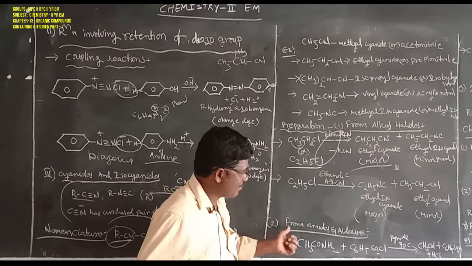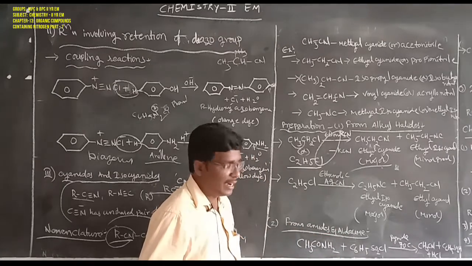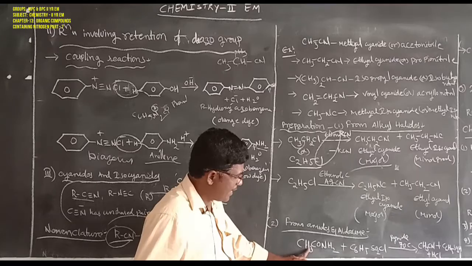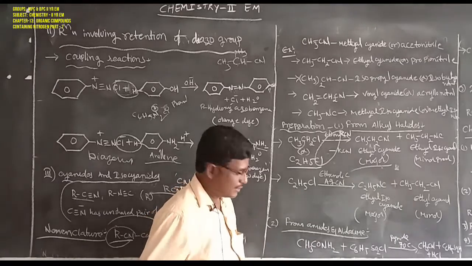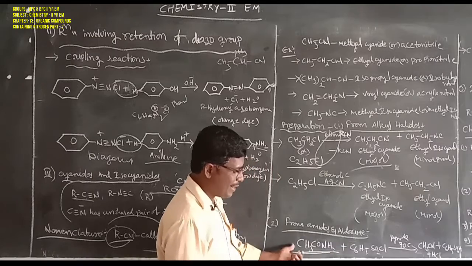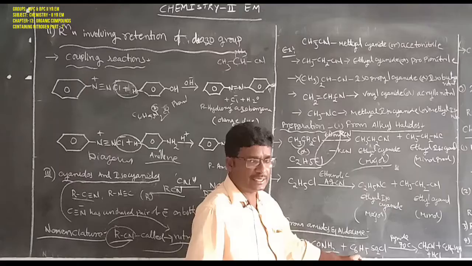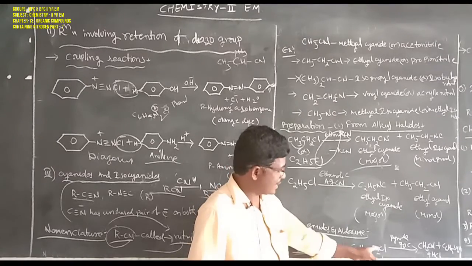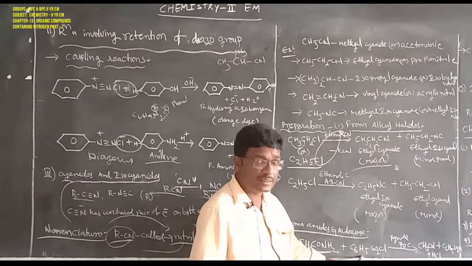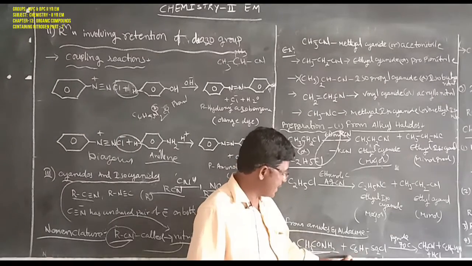And the second method is from amides and aldoximes. Here is the amide, CH3CONH2, the amide group. Amides are treated with benzene sulfonyl chloride, also called Hinsberg reagent.